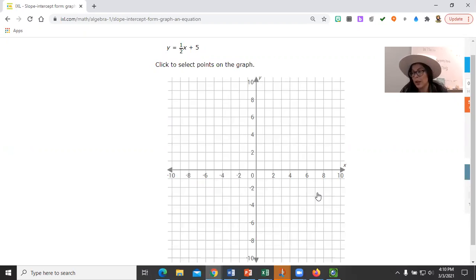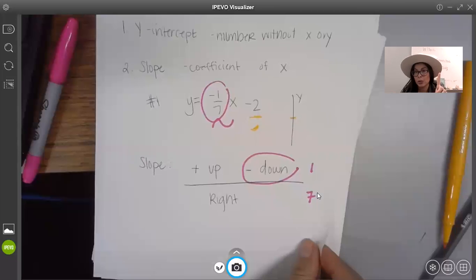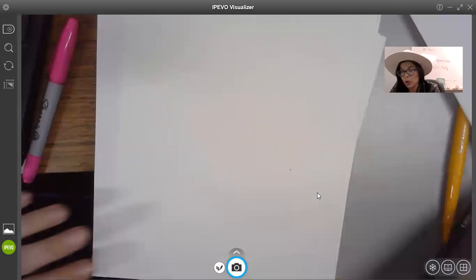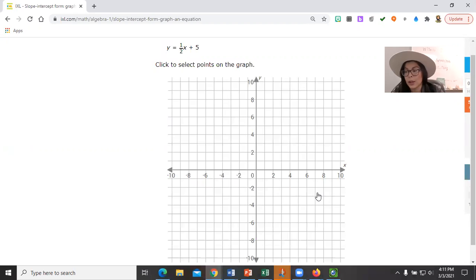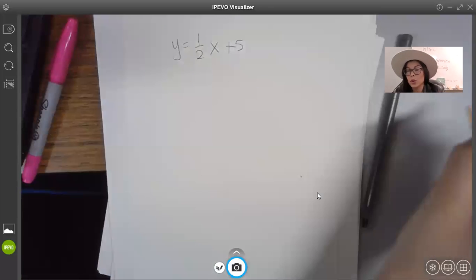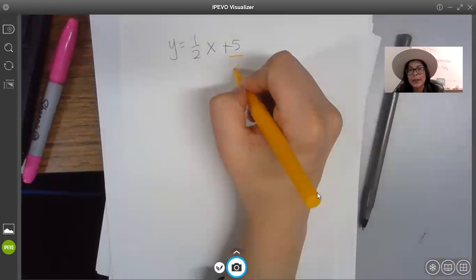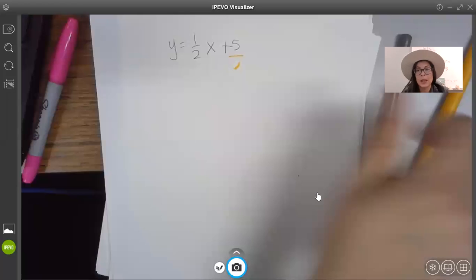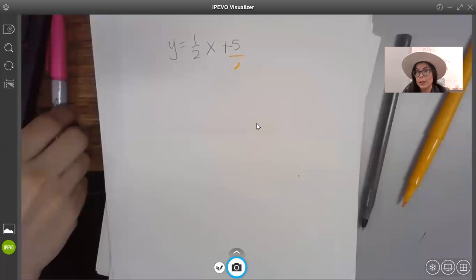All right, so on this one, I'm going to write it down. The first thing I need to do is know what the y-intercept is. So my equation is y equals 1/2 x plus 5. Remember, the first thing you do is the y-intercept. That's the number without x or y, which would be the 5. That's my beginning point. B for beginning, the y-intercept, it goes on 5. The second thing is the slope.